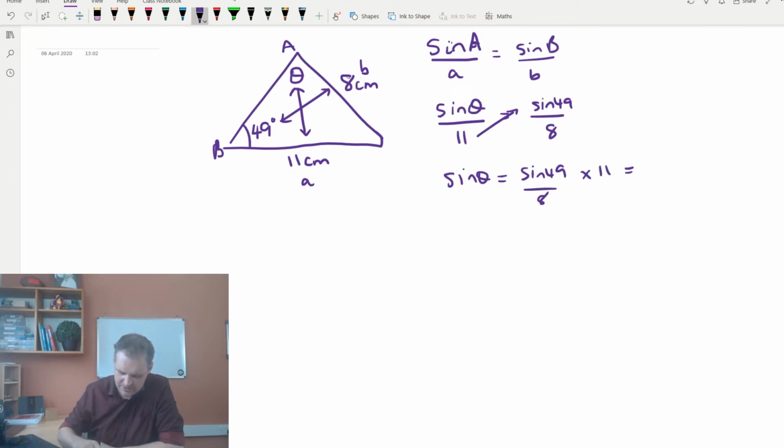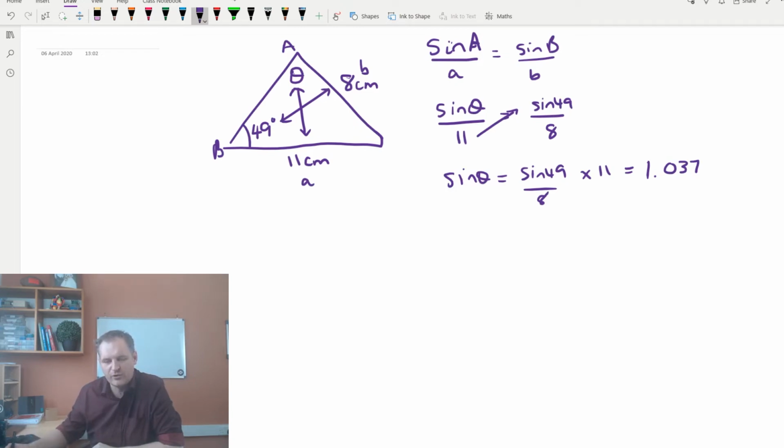But this time is slightly different because when we work out times 11, we haven't got the angle yet, we've got the sine of the angle. So this tells us that this number is equal to 1.037. Something must have gone wrong here.